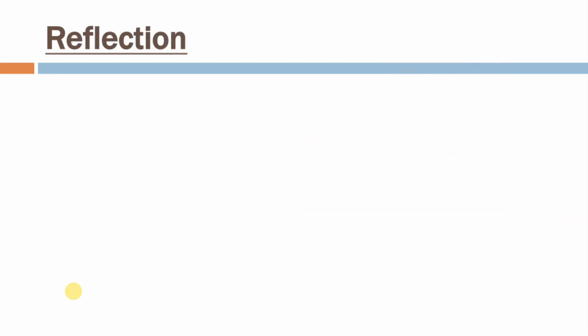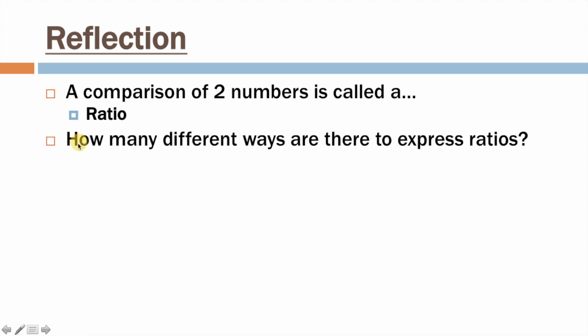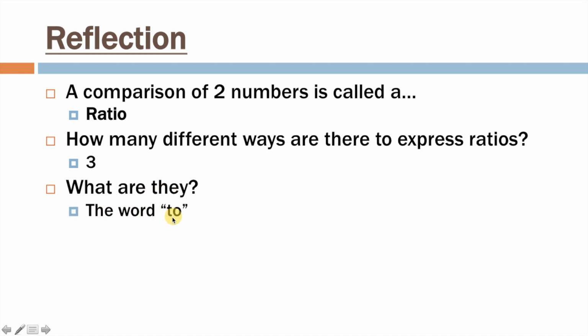So what exactly did we learn from this lesson? A comparison of two numbers is called a ratio. How many different ways are there to express ratios? Well, there are 3. What are they? First, we can use the word "to."